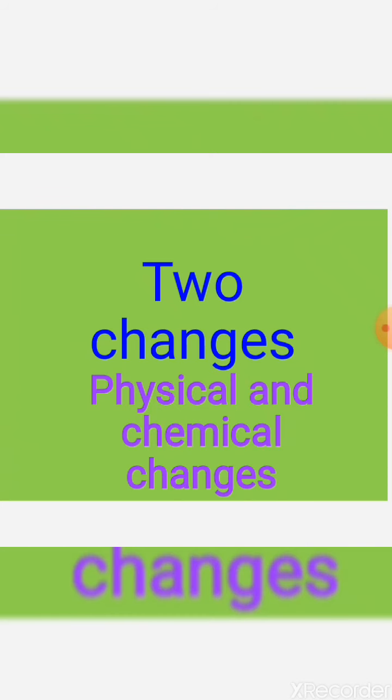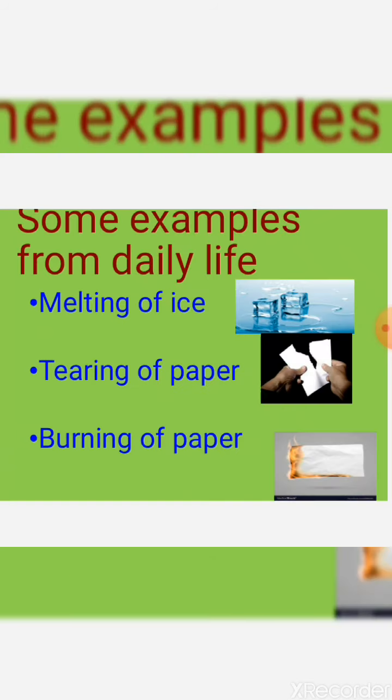Which all are the examples of physical changes and which all are the examples of chemical changes? You must have guessed it now. The melting of ice and tearing of paper are the examples of physical changes, and burning of paper and milk settling into curd are the examples of chemical changes.